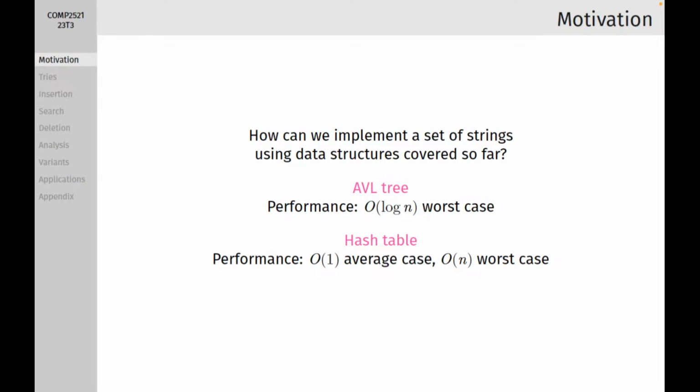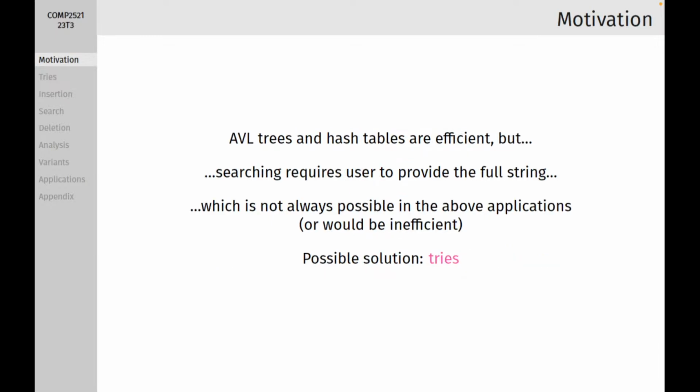These are 2 really nice data structures, so why don't we use these? These data structures are efficient, but in order to search in an AVL tree or a hash table, we need to provide the full string. We need to provide the string that we're searching for, and that's not always possible in the applications that I mentioned above.